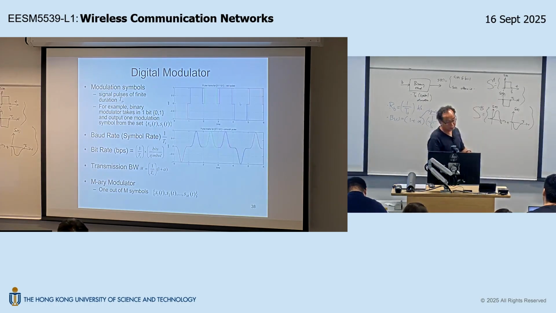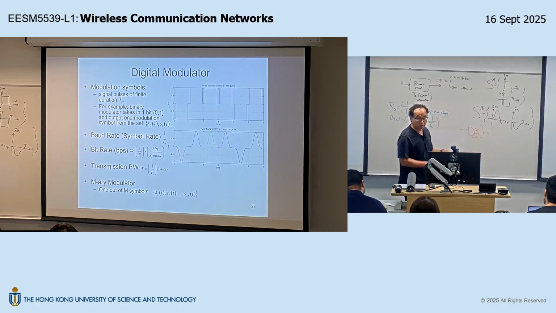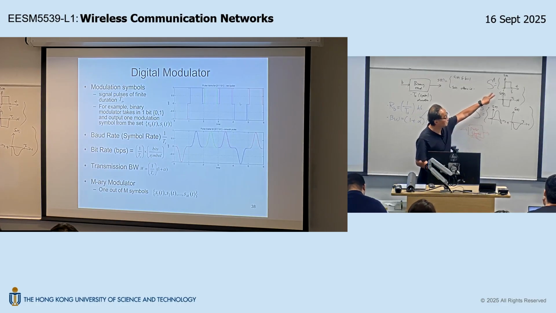Okay? And in practice, if you look at the data sheet of some chipset on the transmitter side, if you look at the baseband design, there will be a stage called pulse shaping filter. This pulse shaping filter is actually to smooth your pulse so that you don't transmit something like this.